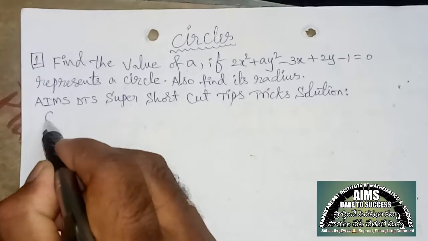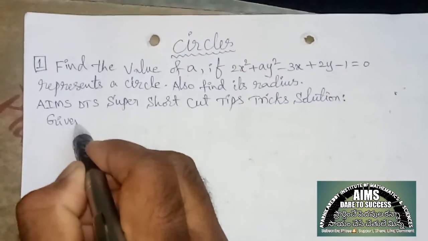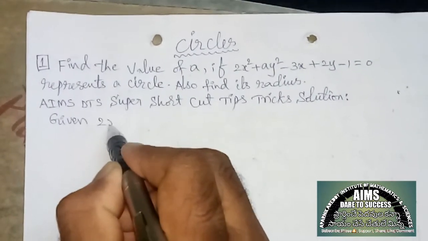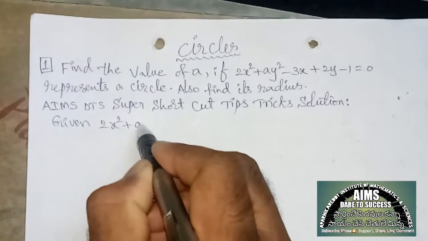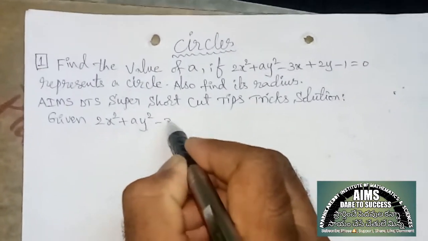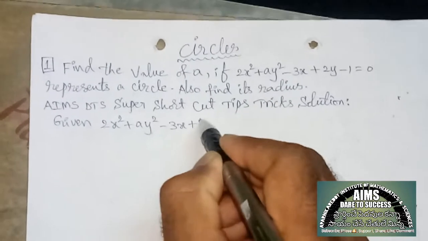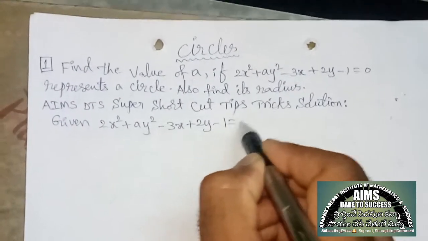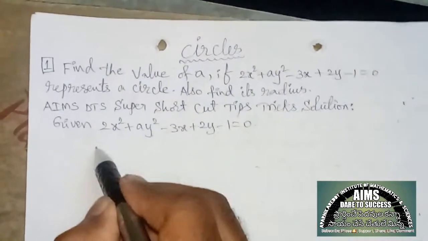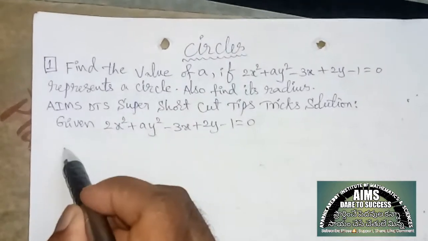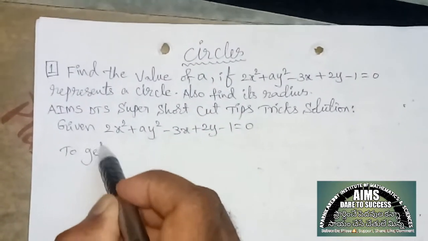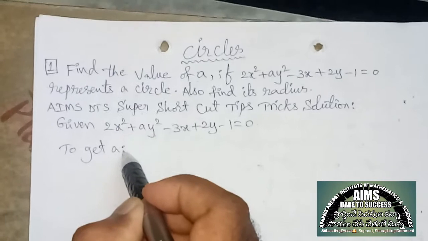First of all, I want to write the given equation of the circle: 2x square plus ay square minus 3x plus 2y minus 1 is equal to 0. To get the constant value of a, I want to tell you a shortcut.